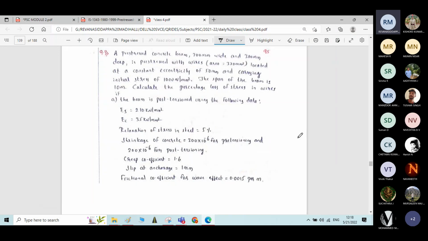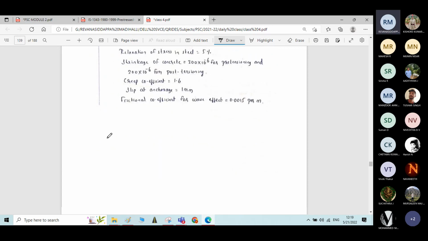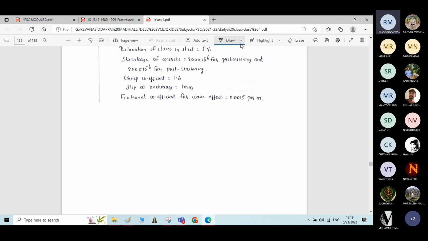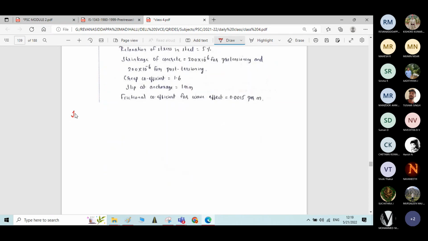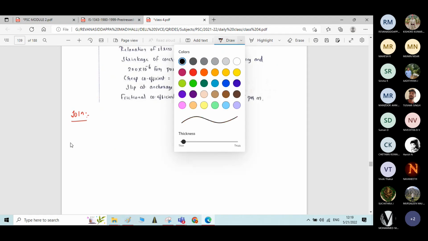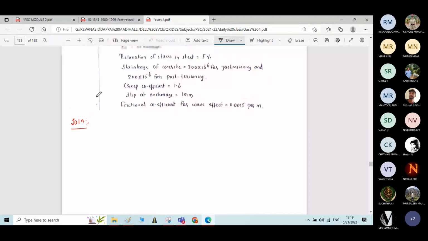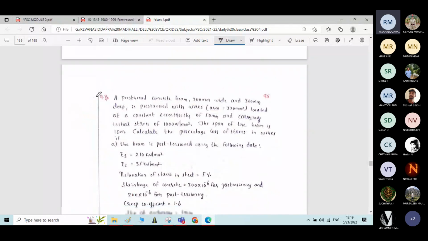A pre-stressed concrete beam 200 mm wide and 300 mm deep is pre-stressed with wires having an area of 320 mm square. Below I'll write the given data one by one. Solution. A pre-stressed concrete beam of 200 by 300 mm.